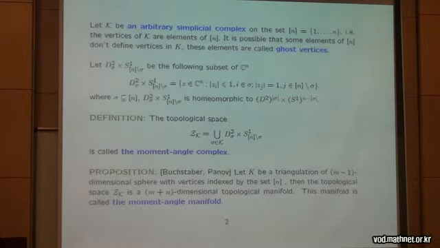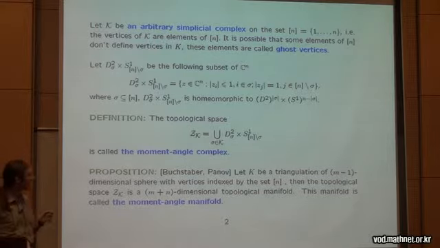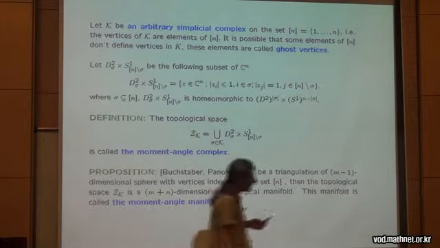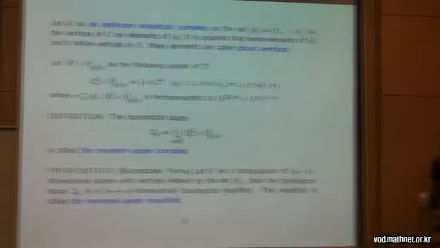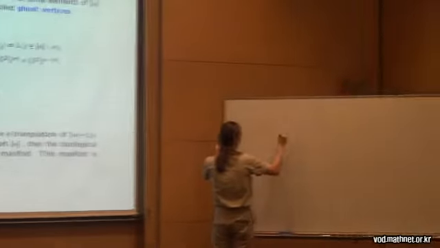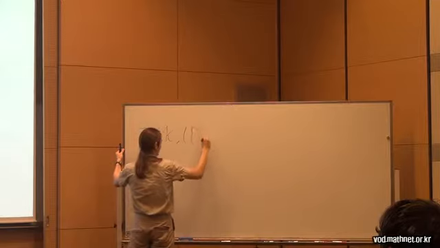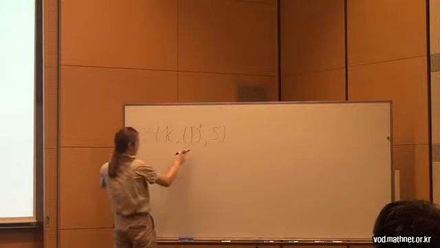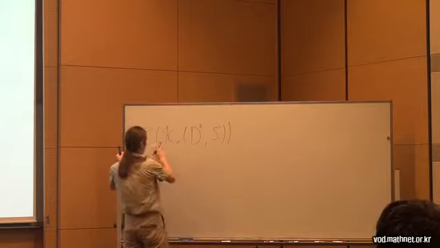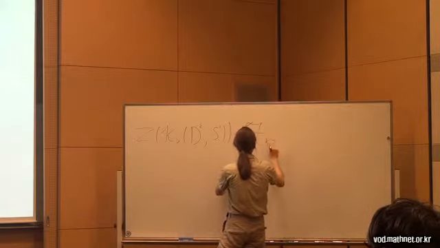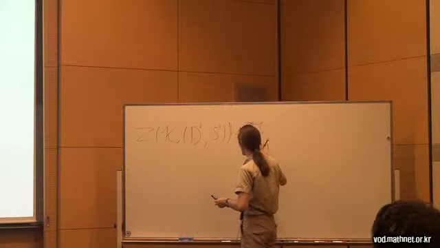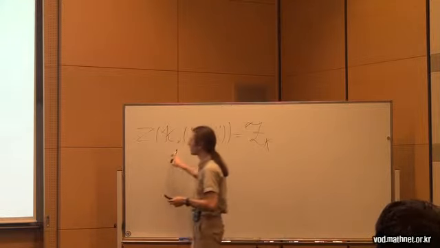Moment-angle manifolds. We actually have seen in the previous talk the definition of a more general object, the polyhedral complex, and a moment-angle complex for a simplicial complex K is just this polyhedral complex.